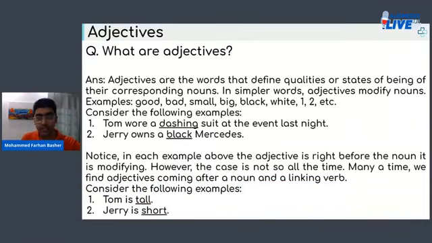But yes, adverbs are more versatile, and we'll discuss adverbs tomorrow, inshallah. And when we discuss adverbs, we'll come to know that adverbs not only modify adverbs, but they modify verbs, they modify adjectives as well. But as far as adjectives, they only modify nouns and nothing else. Generally, yes, but there are exceptional cases. But before we go to exceptional cases, we need to learn the general rules first.